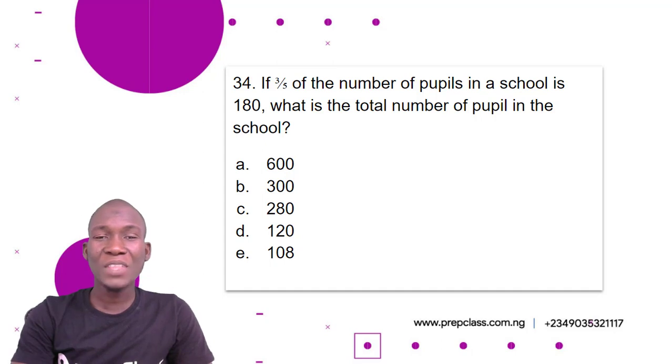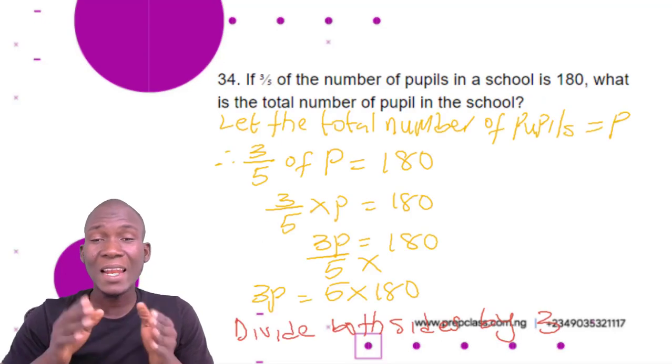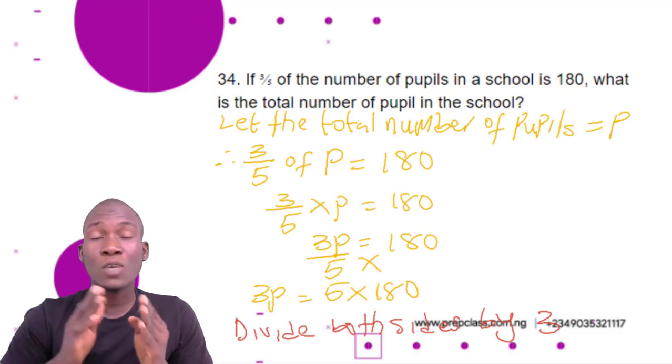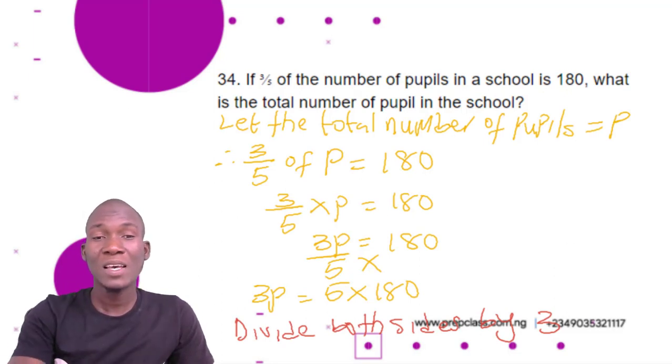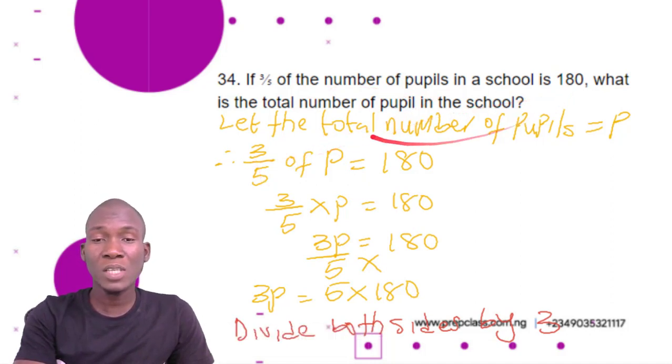If 3/5 of the number of pupils in a school is 180, what is the total number of pupils in the school? It means we have to find the total number of pupils in the school. Since we don't know the total number, we say let the total number of pupils equal P. So from the question, we have 3/5 of P equals 180.